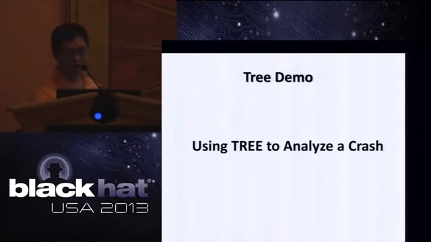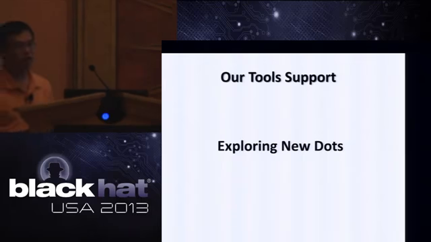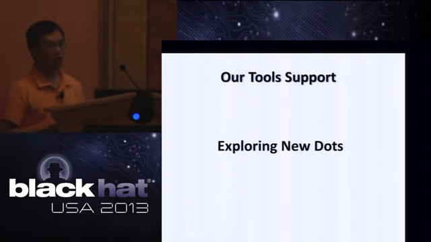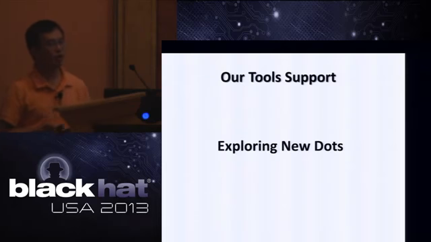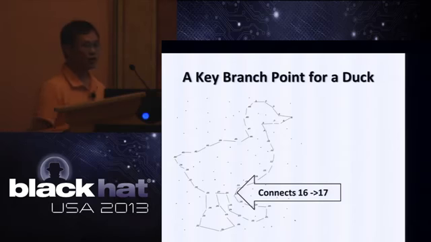All right, I will show you how to connect the dots. The next thing is more important, as I mentioned, that we need to explore new dots. Take a look at the duck thing.